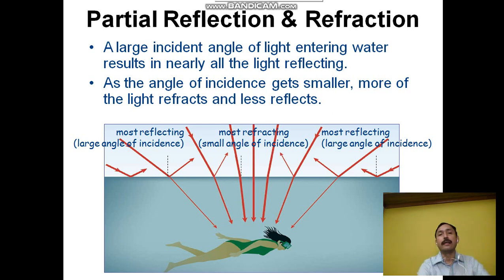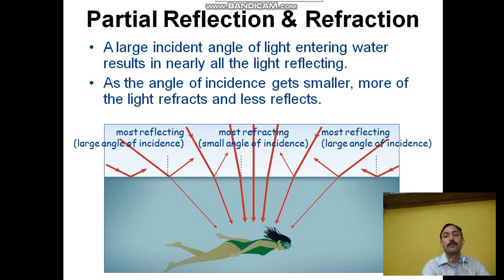A large incident angle of light entering water results in nearly all the light reflecting. As the angle of incidence gets smaller, more light refracts and less reflects.